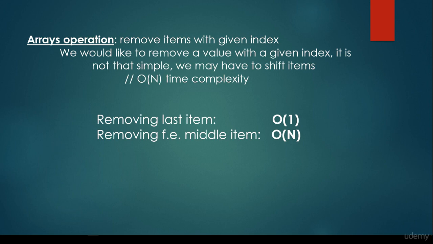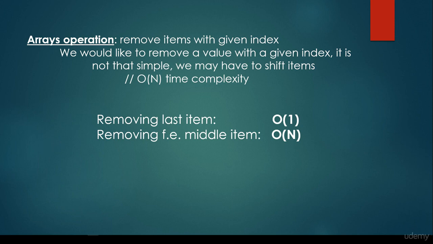So basically that's all about the array related operations. And you may pose the question that, okay, what's the conclusion? Arrays are good data structures or not? And the answer is that it depends on what kind of application we would like to use. If we would like to insert items at the end of the list, or we would like to remove items from the end of the list, then of course it's going to be very fast, because it's going to take order 1 constant time complexity to do these kinds of operations.